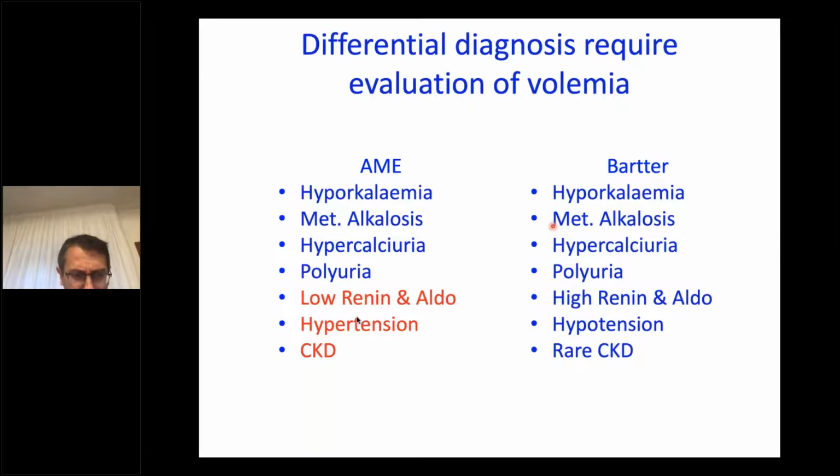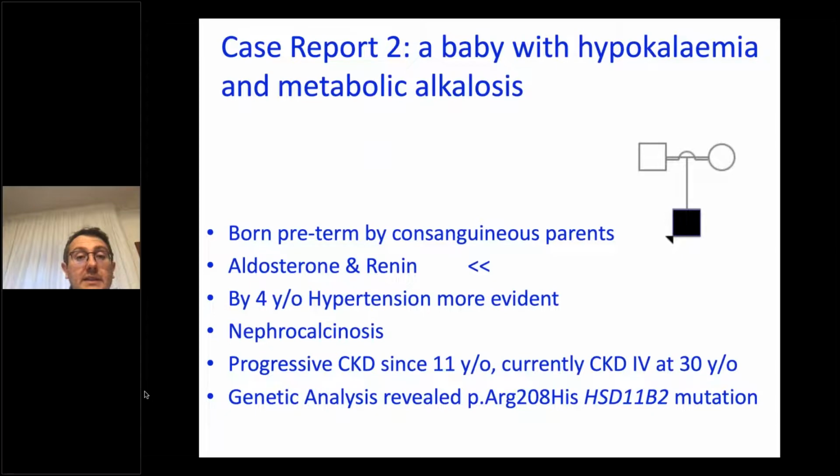But usually hypertension in the AME condition is diagnosed around 3, 4, 5 years old. So at the beginning, the genetics and the volume status can be the only possibility to discriminate between these two conditions. But this is very important because mineralocorticoid excess syndrome leads to CKD. So it is important to have early recognition.